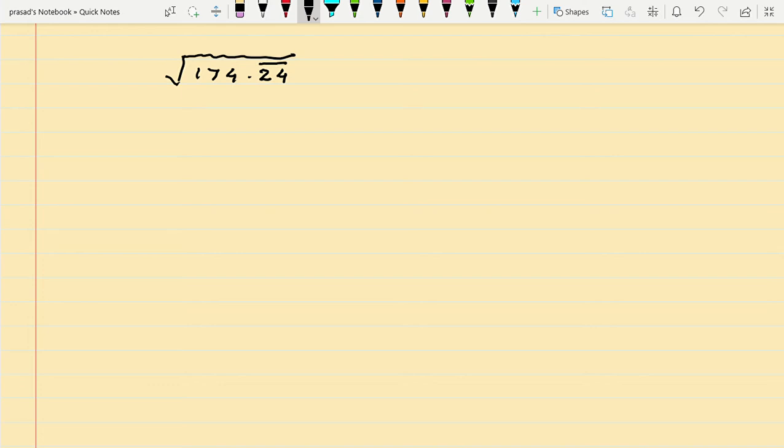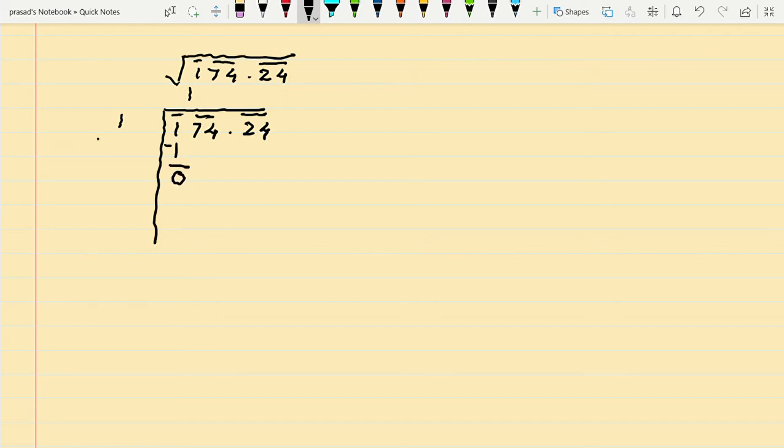On the left, starting from right to left, make the groups. So your groups are, first is 1, then 74, and then 24. So now the first group is 1. So take the nearest square of 1, that is 1 itself. So first divisor is 1, first quotient is 1. I am subtracting 1. So this is 0.